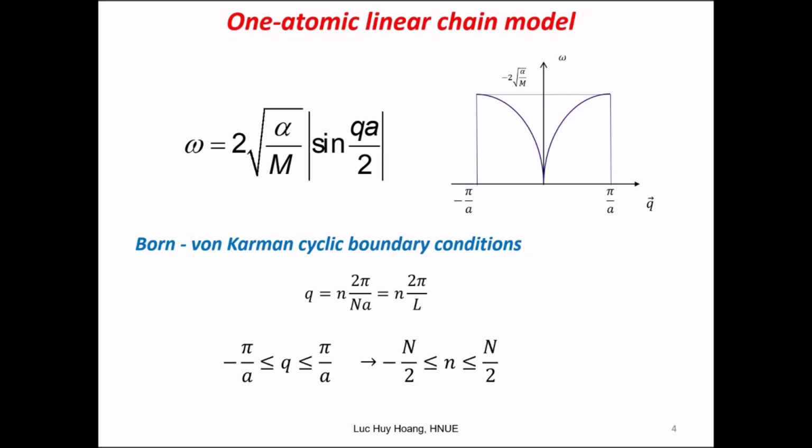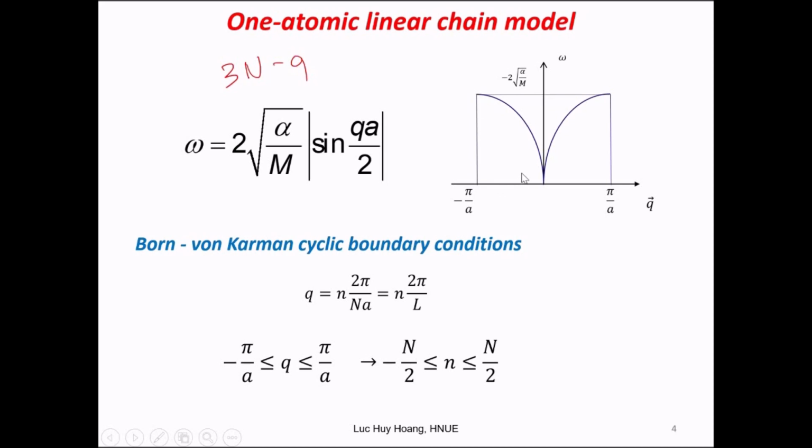Remember, it's one dimension, so we have N states, but in three dimensions we have 3N states. Now it's N only. 3N states in the three dimensions of q. Everything about the vibration property of the one atomic linear chain is contained in this figure. I tried to explain and summarize before.